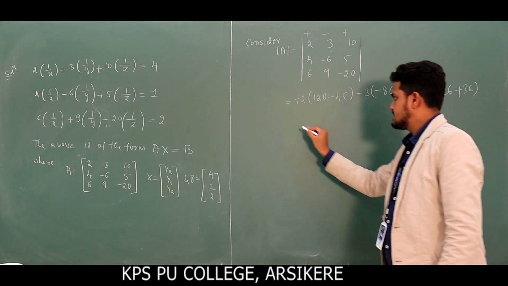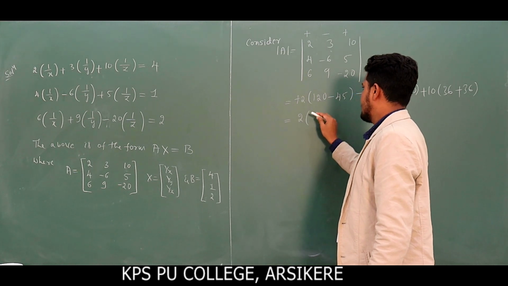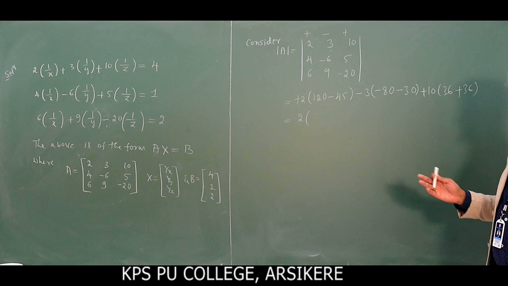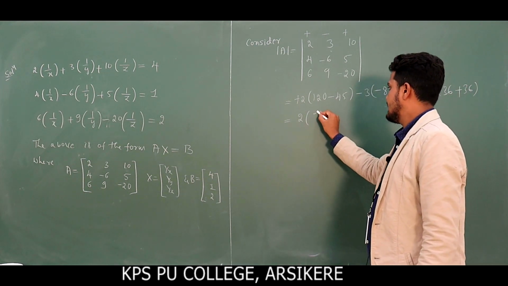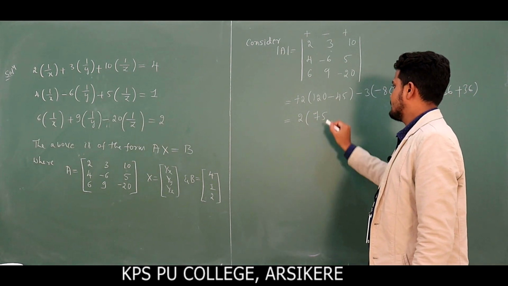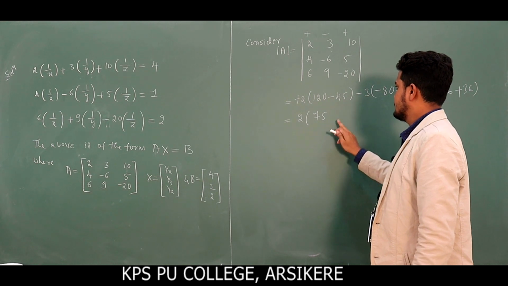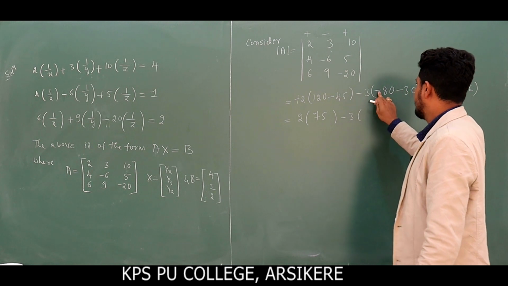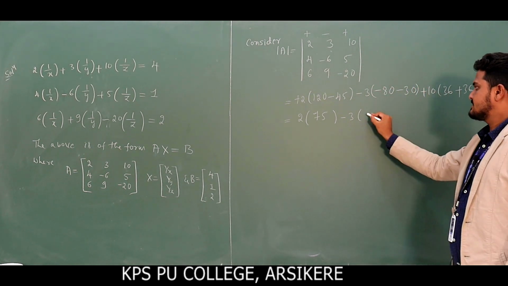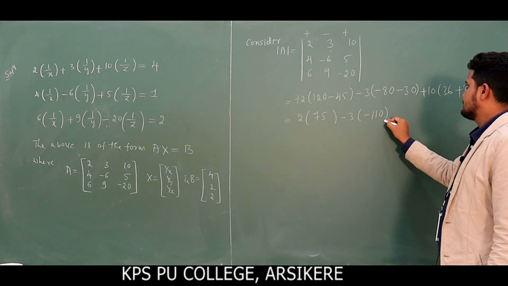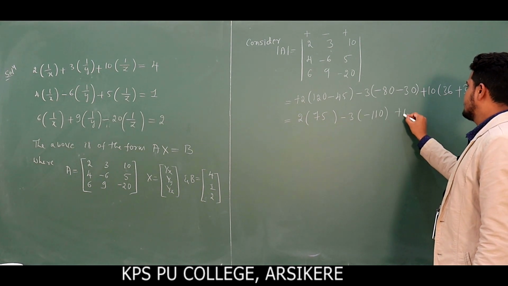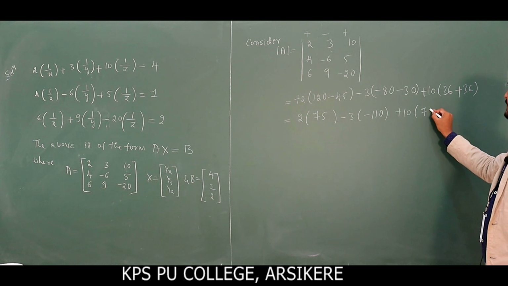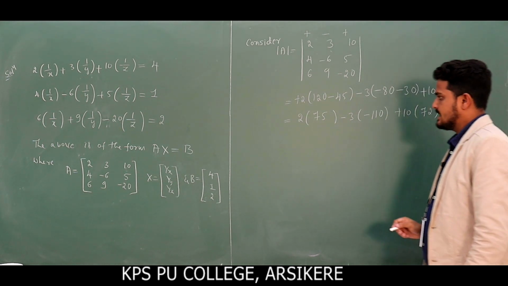So which is equal to 2 times, 180 minus 45. So how much? 180 minus 45 is 75, right? Then minus 3 into (minus 80 minus 30), that is minus 110, plus 10 into (36 plus 36), that is 72.